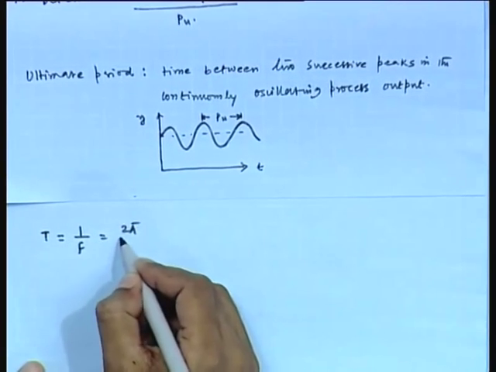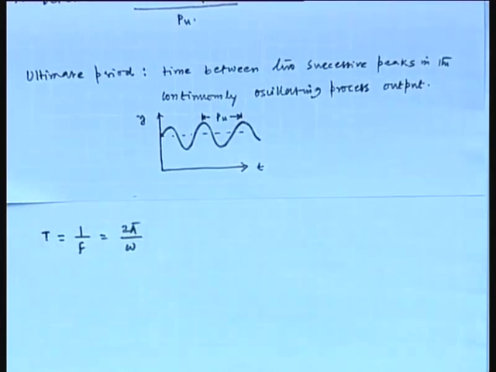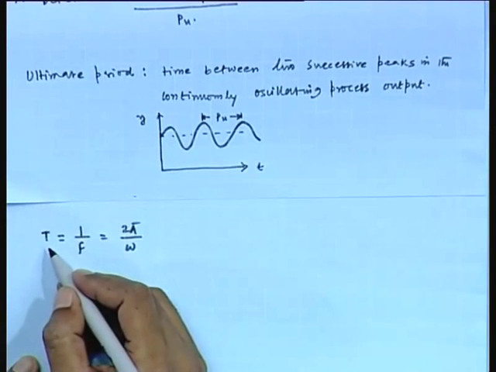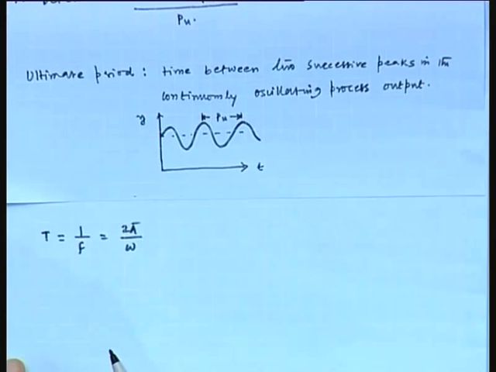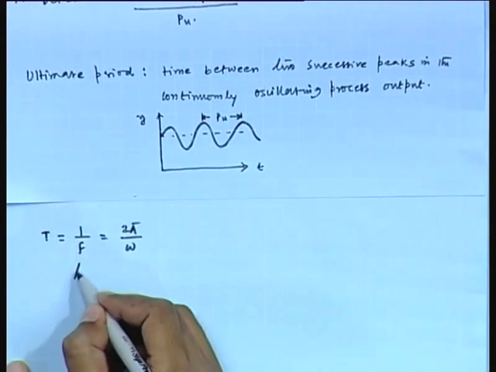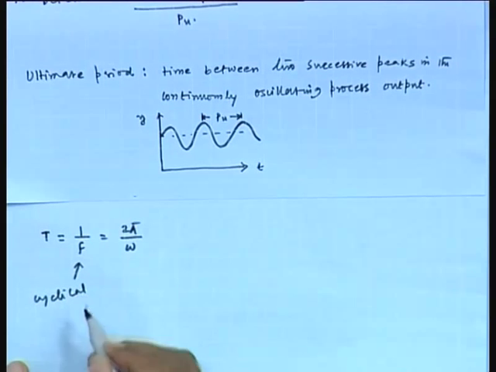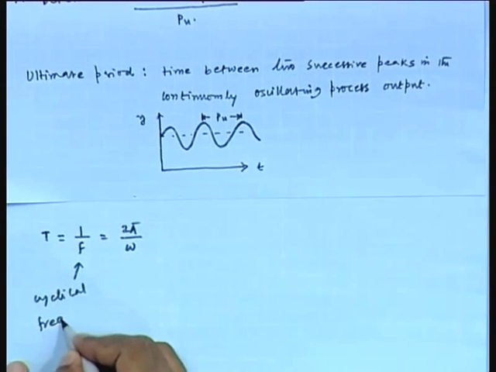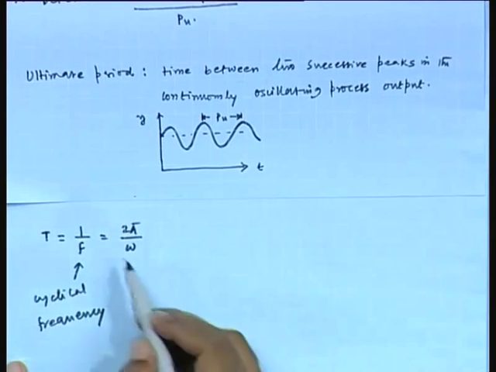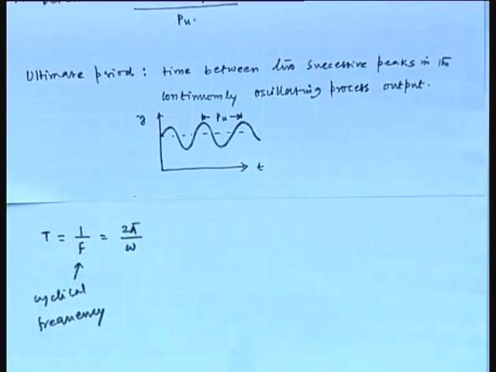This is equal to 2 pi by omega. Basically, omega is 2 pi f. Fine. The period of oscillation T is 1 by f, where f is the cyclical frequency. This is equal to 2 pi by omega.